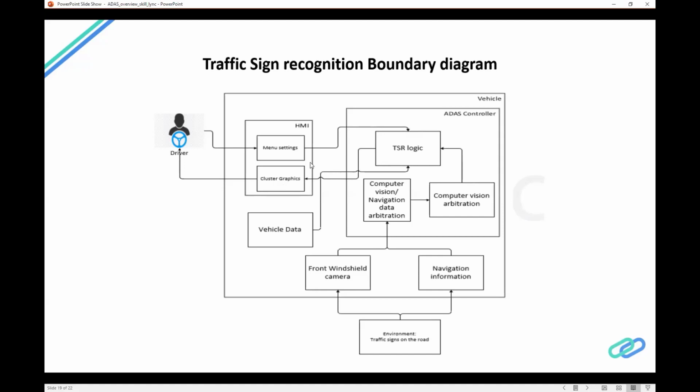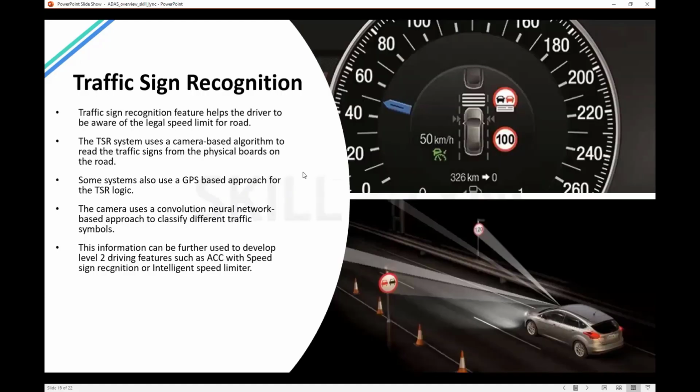From an HMI point of view, in the driver settings, of course, drivers can choose whether or not they want a certain feature to be enabled. But the cluster graphics will show different types of speed limits. There will be a speed limit sign, and there can be a supplementary sign, let's say a no passing sign.